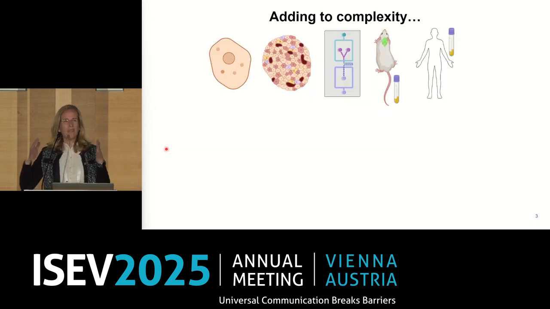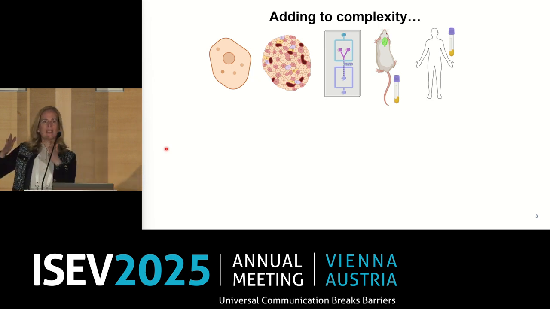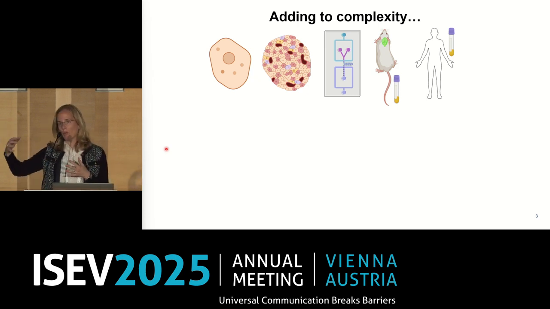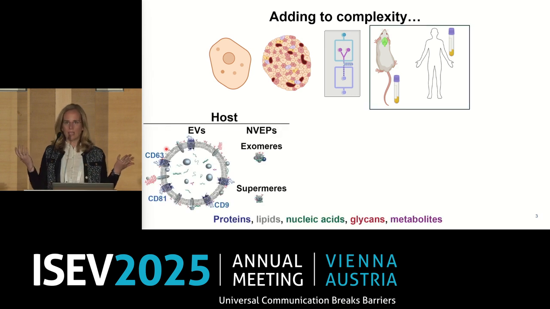If we think about the complexity of the systems and we make things more complex, one cell, right, then there is this beautiful islet that is composed of different types of cells, organs or chips, and then obviously we strive going to mouse or animal models and going to humans. We have more and more complexity. So where does that complexity come from, right?